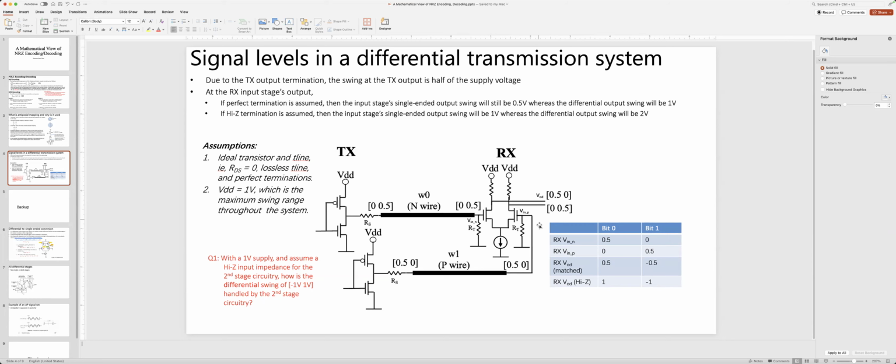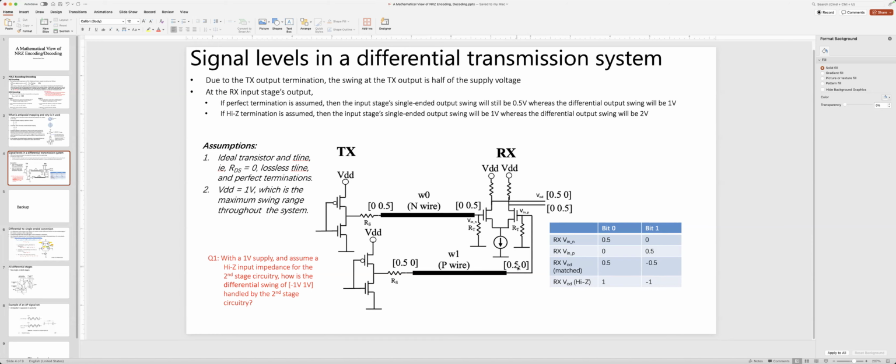The reason is that for the input stage, the received signal is usually very, very small, and it's very sensitive to the power noise and the common mode noise, right?